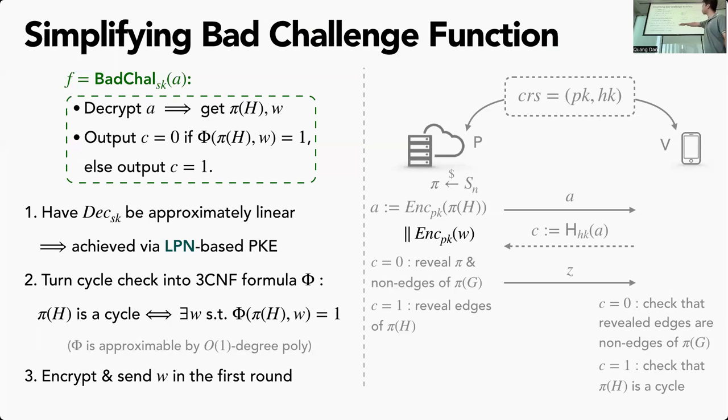And so the protocol now looks a little bit different. You're also going to send this encryption of W in the first round, and then it's going to run this free CNF formula check. Yes. Encryption is statistical. No. I'm not quite sure.